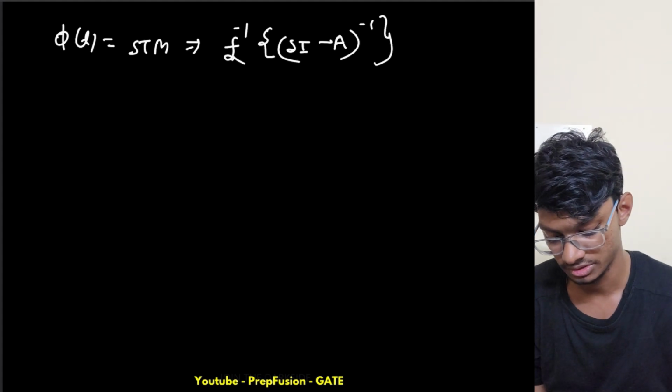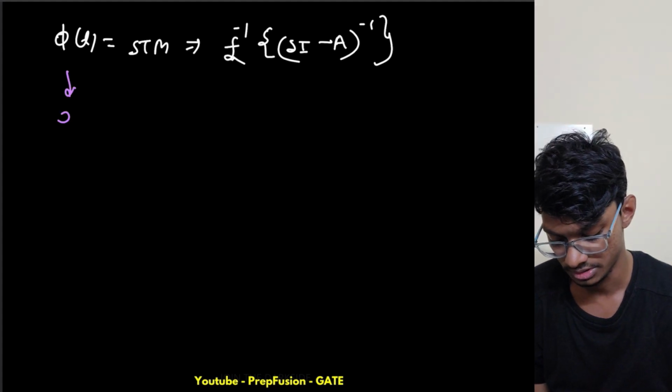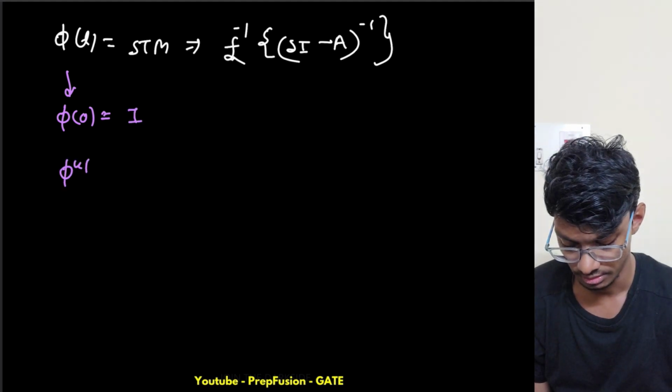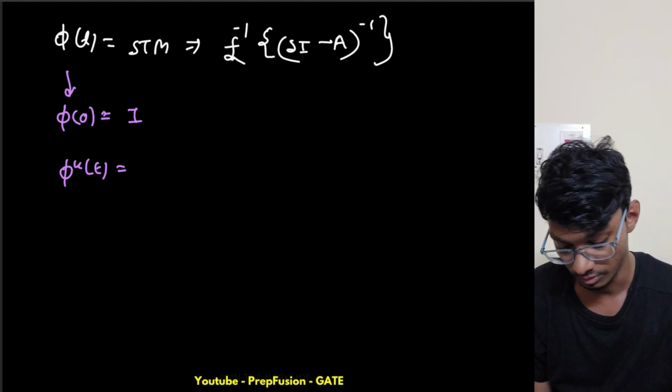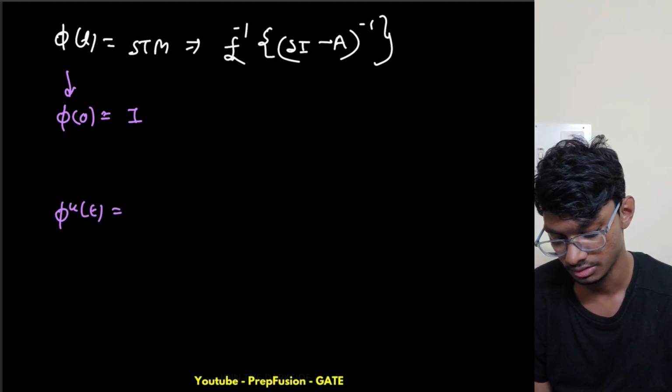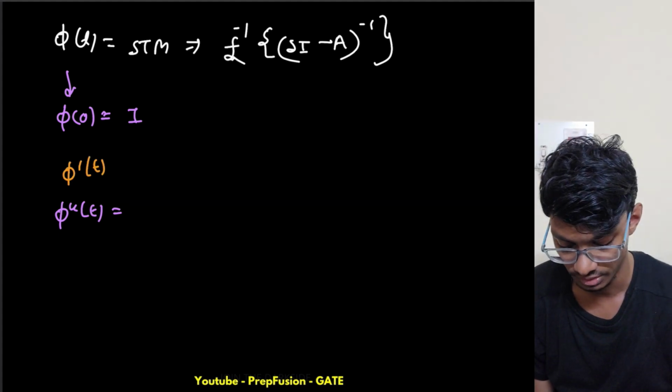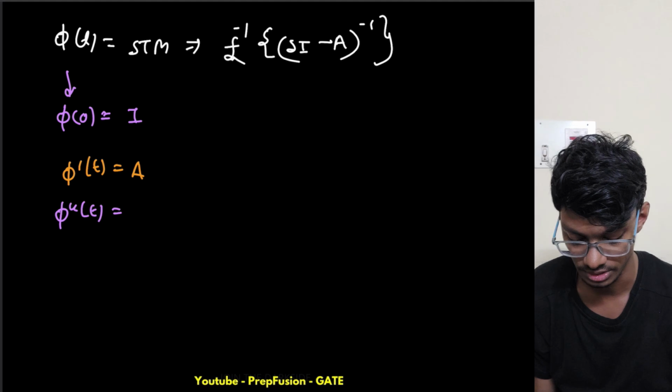What are the few properties you need to keep in mind? One property is phi of 0 equals the identity matrix. Another property is the differentiation of phi of t: if I have phi dash of t, it becomes A phi of t, right?